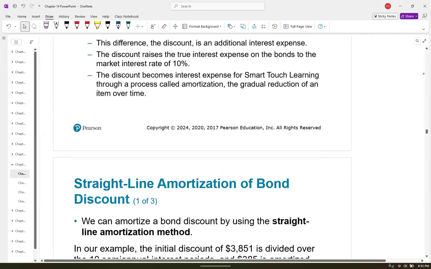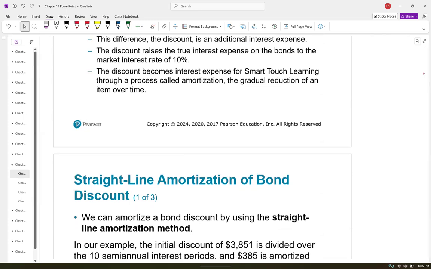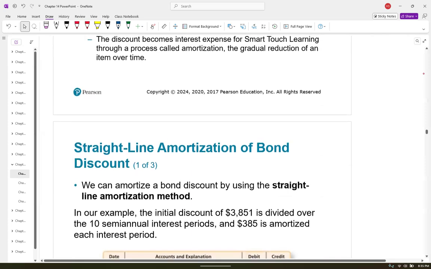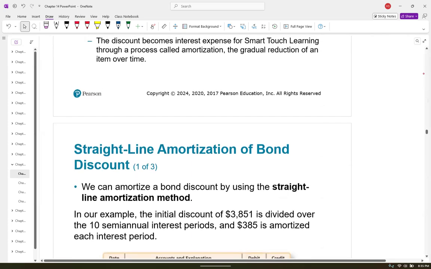Now we're going to figure out how to amortize this discount over the life of that bond. Remember that little blurb of information? If you're working a problem, you'd still have that in the margin. What we need here is the 10 semi-annual interest payments.